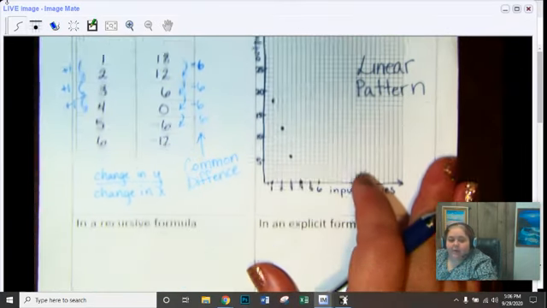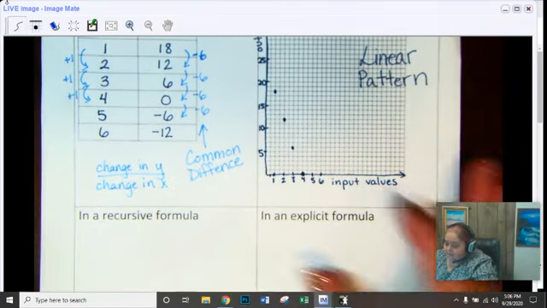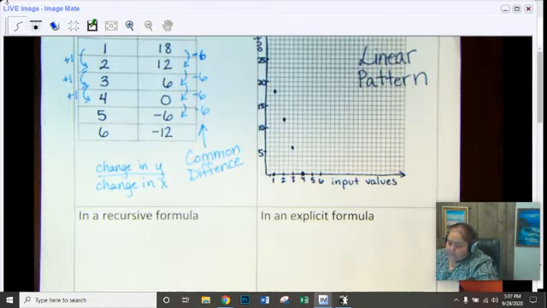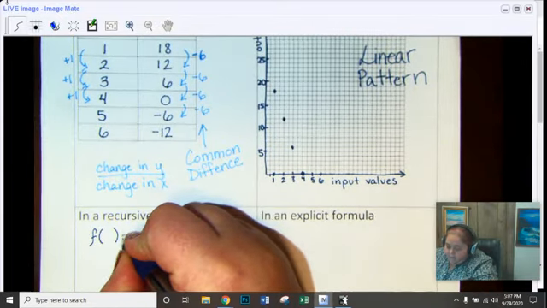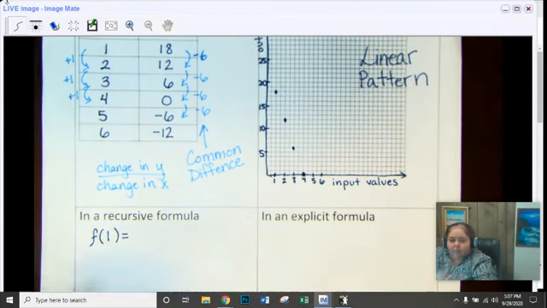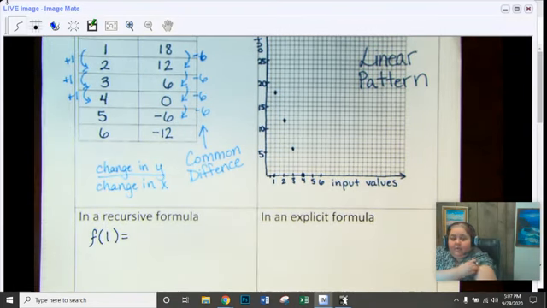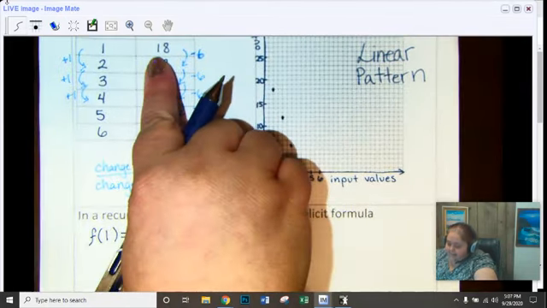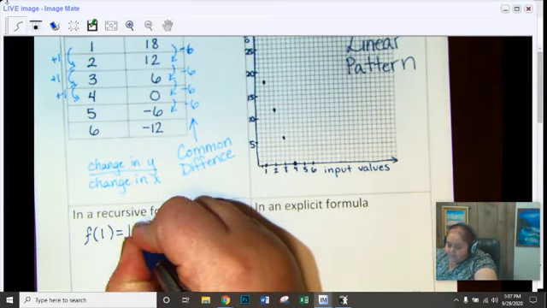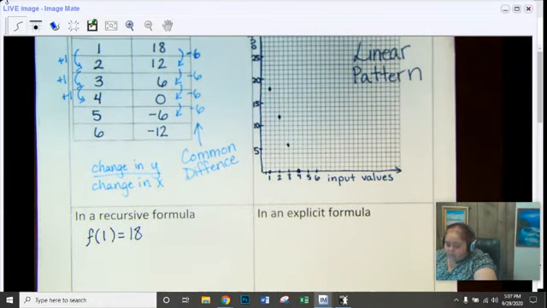When we write the recursive formula for an arithmetic sequence, we always start with what our first term is. So what is the first term or the 0 term in the sequence? Here our first term is 18. So we always have to say where to start.